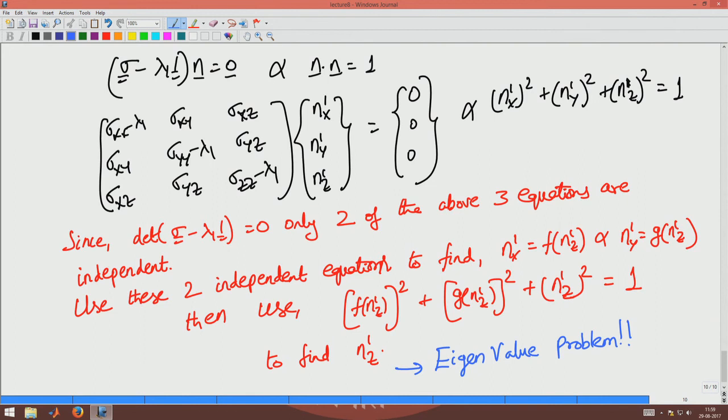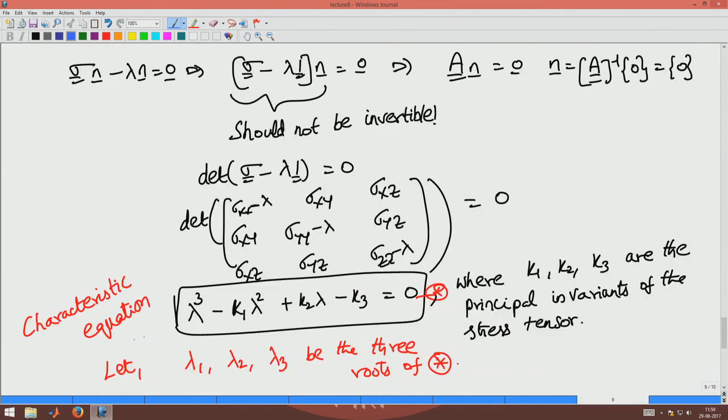In short, we saw what the characteristic equation is for a 3-dimensional state of stress.